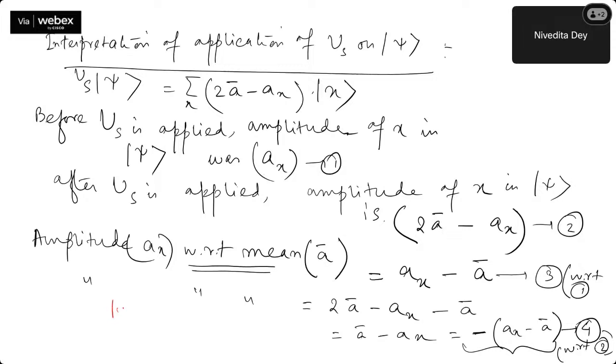So you can see an inversion about mean. Why inversion? Because of this thing. And why with respect to mean I'm calculating? That is why it's called inversion about mean, or inversion with respect to mean. Okay.